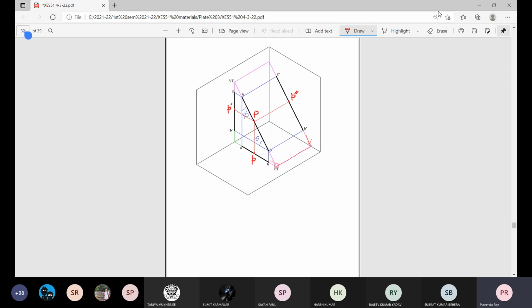Now when we extend the line to meet the vertical plane, this is the VT. It is actually extending the side view to meet this end axis, and at that same height, the elevation to be located. So that is the vertical trace. So the method is very simple.